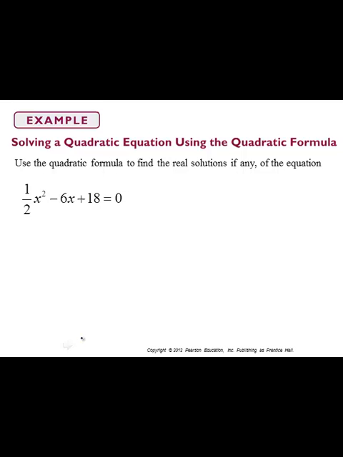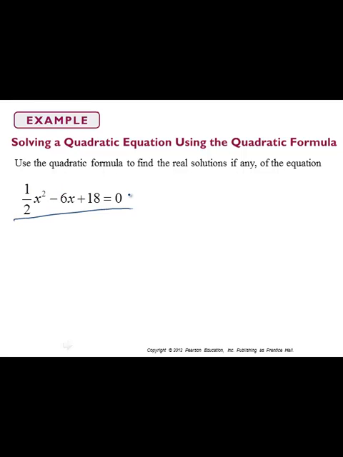Okay, moving on. Here is another example. Now look, when you have an equation where you have fractions as coefficients, then you're going to want to clear those fractions by multiplying through by the least common multiple of the denominators. In this case, you just have the one fraction with the denominator of 2.